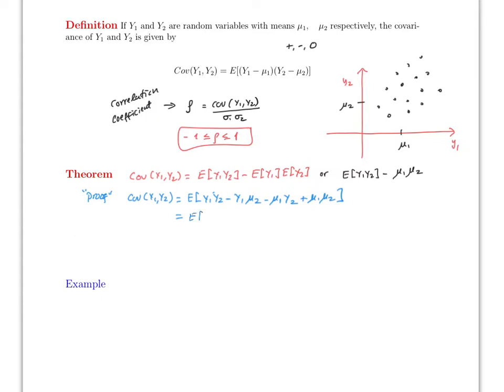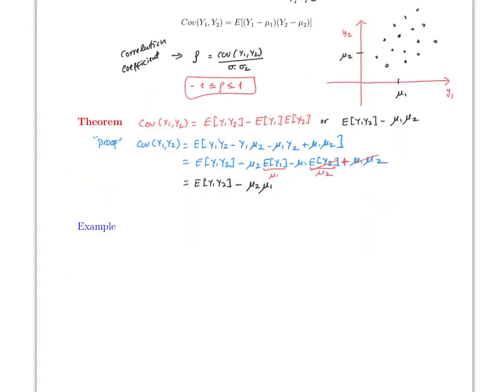So this is the same thing as the expected value of y1 times y2 minus mu2 times the expected value of y1, minus mu1 times the expected value of y2, and then plus mu1 mu2 because these are constants. Well, remember that the expected value of y1 is mu1, and the expected value of y2 is mu2. It should be plus. So this will cancel one of these, and you will end up with just the expected value of y1 times y2 minus mu2 times mu1, or mu1 times mu2.